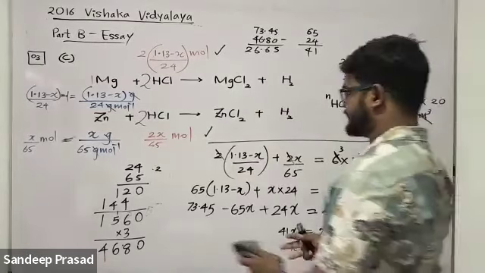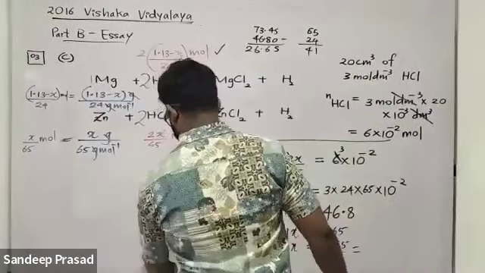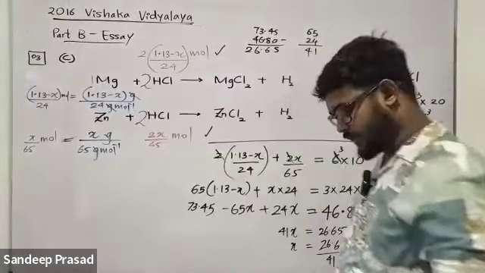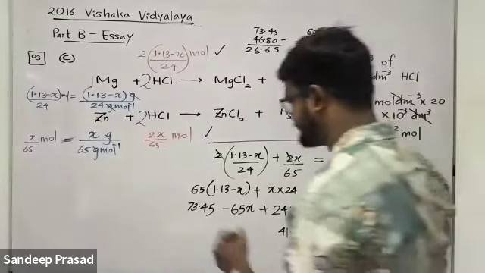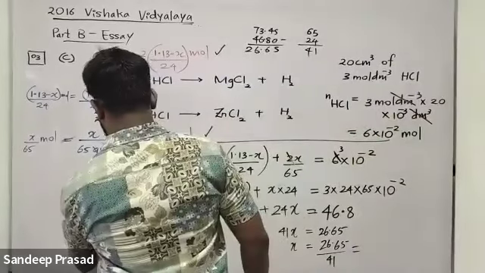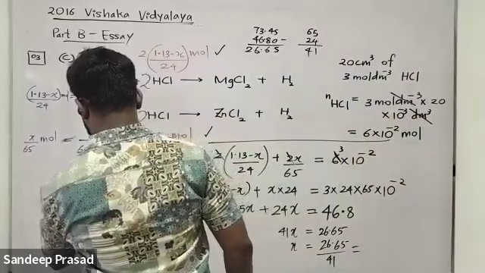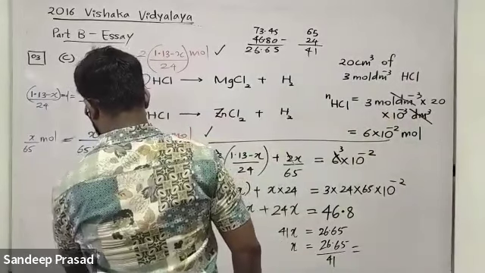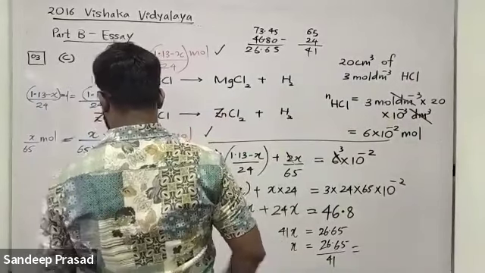Calculations are not easy, but yes, still you can do that one. You can try it. Doesn't matter. 26.65 divided by 41. What is the answer?